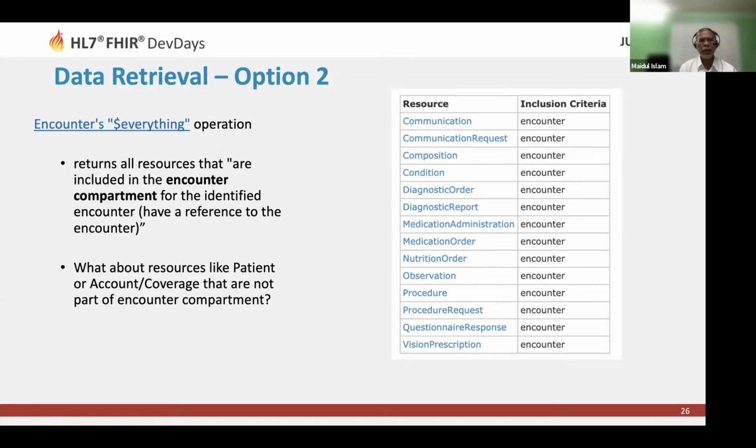The client is looking for patients, the account and coverage, which don't fit into the encounter. Moreover, we would be giving them so much information which they might not be interested in. Their interested resources are encounter, patients, coverages, clinical notes, or the document reference. So if we give this one, it might be overwhelming for them.